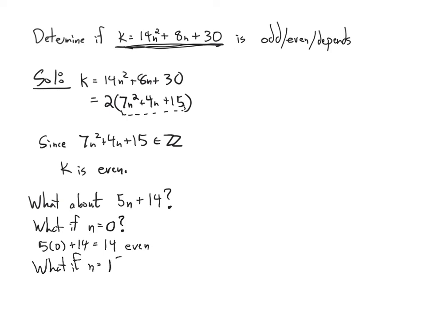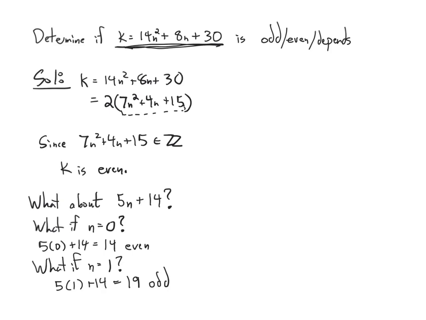Let's go 1 up, I guess. Let's try n equals 1. Then we get 5 times 1 plus 14, which is, of course, 19. And that's odd. And so here I have a choice of n that makes this expression even when n is 0, and a choice that makes it odd, which is n equals 1.